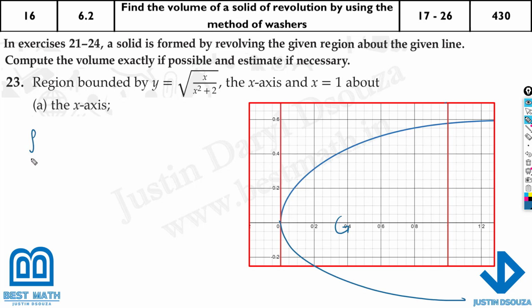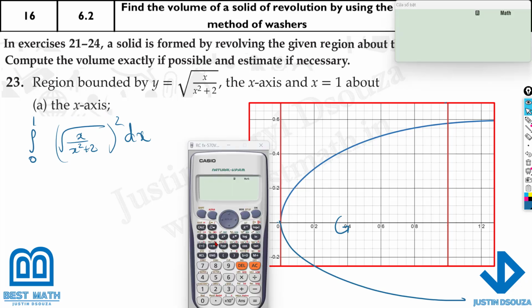So here the formula will be, what is it along the x-axis? 0 to 1. So the limit is 0 to 1. The entire thing, square root of x by x squared plus 2, the whole square dx. This is it. So these are very simple when it's on axes. So here we use this integral symbol. Open the bracket.